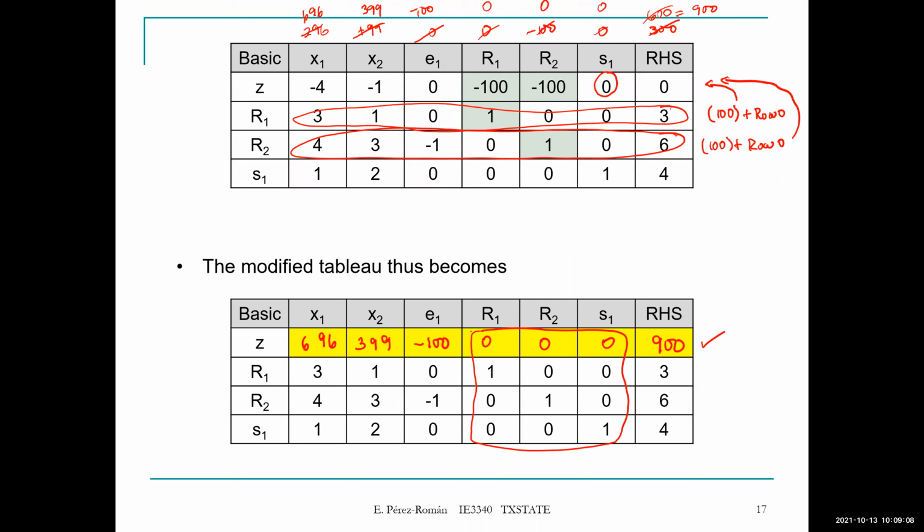You are minimizing. So the question is, is this an optimal solution? You have to look at row 0 in order to answer that question. So when we discuss this method, the simplex method and the minimization, we're going to look for the largest positive coefficient. So in this case, we have 2.